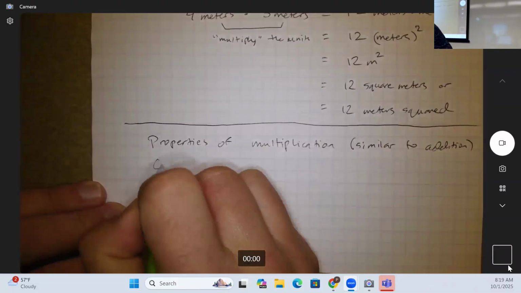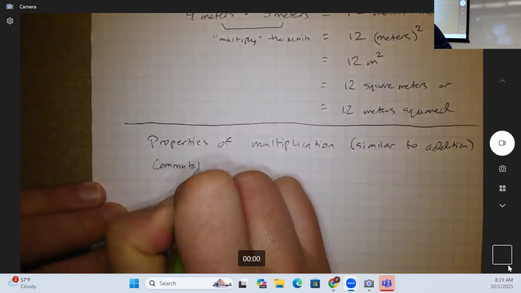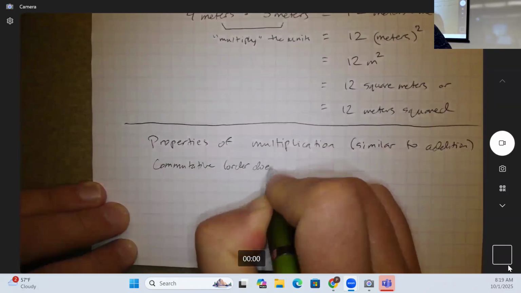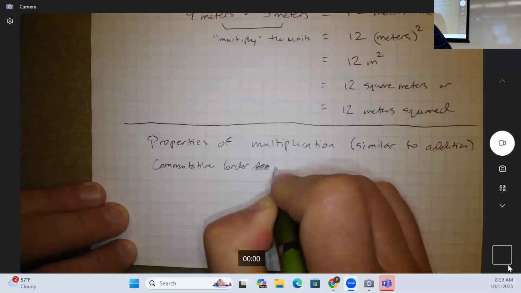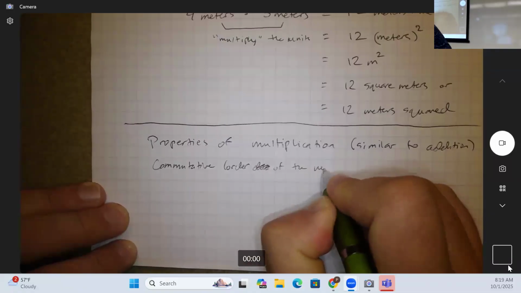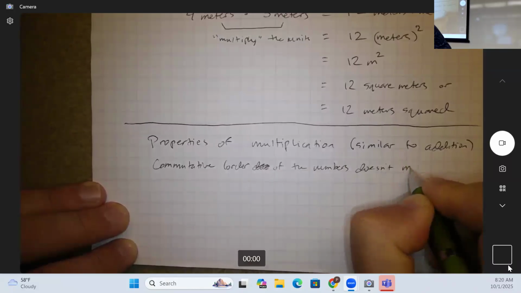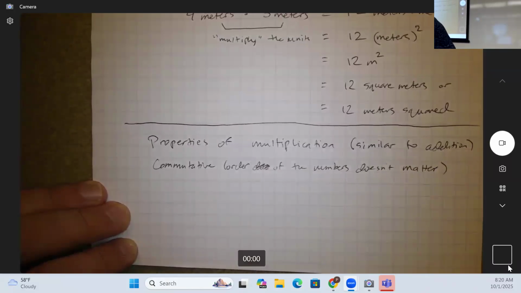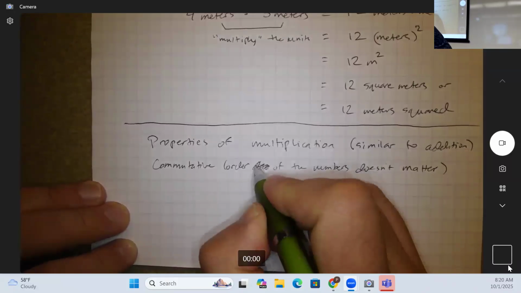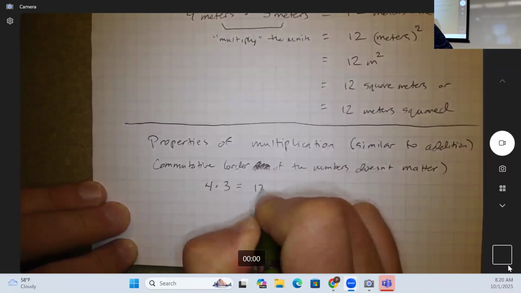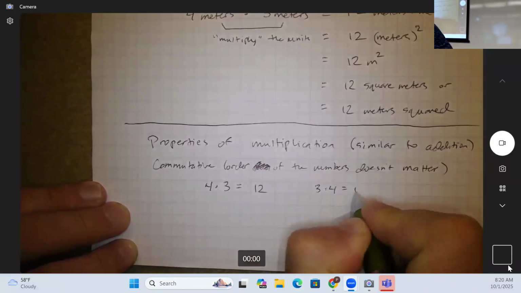We have the commutative property, order of the numbers doesn't matter. We actually looked at 4 times 3 is 12, but also 3 times 4 is 12.